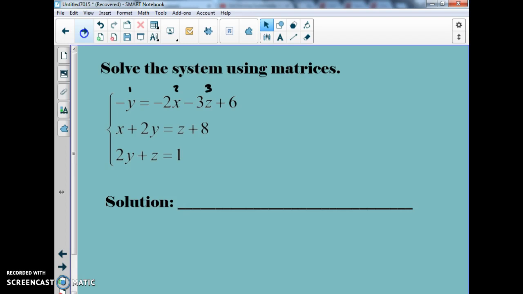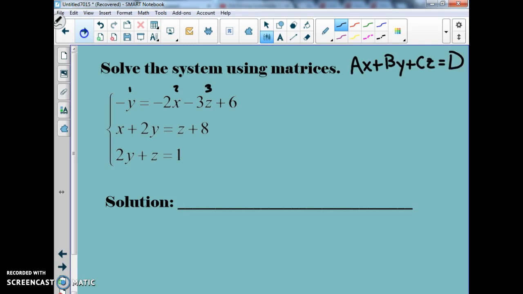But in order to do this, we need to make sure we align everything such that I have ax plus by plus cz is equal to d. Okay? That is how we're going to have to do this now. And so our first column will be our x variables. Our second column will be our y variables. Our third column will be our z variables. And our fourth column will be our constant.